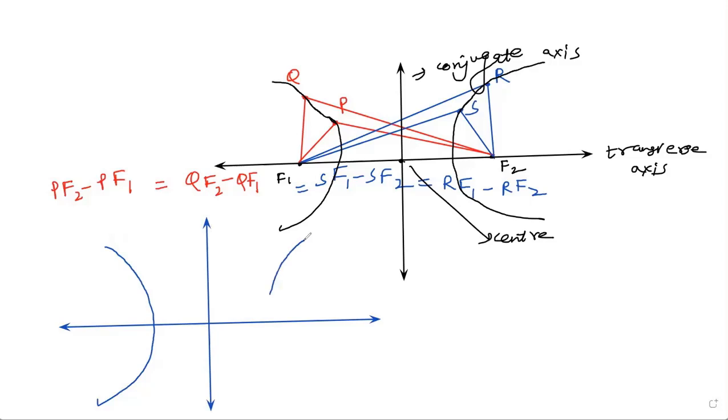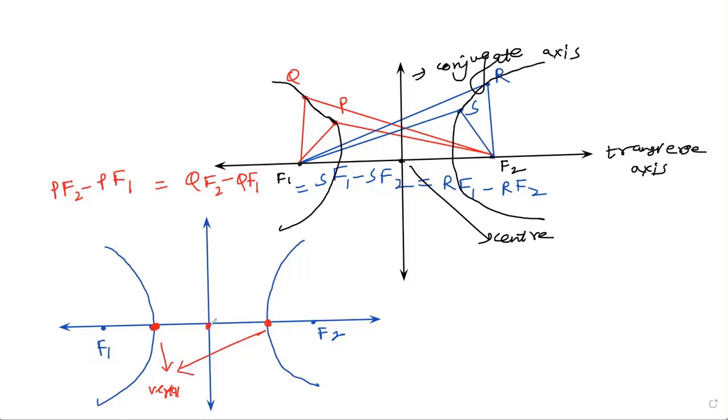As we can see here, these are my 2 fixed points, F1 and F2. The points at which these 2 curves meet the transverse axis will be our vertices. The ones that I'm marking with red are my vertices. If you want, you can label them as well.